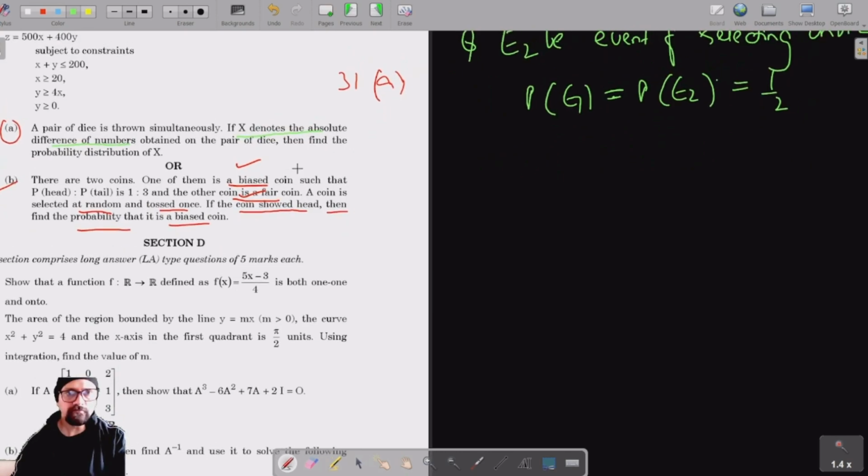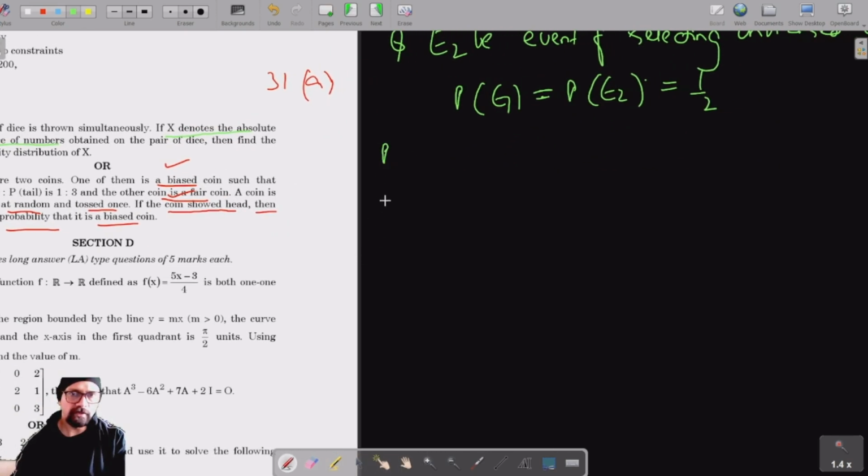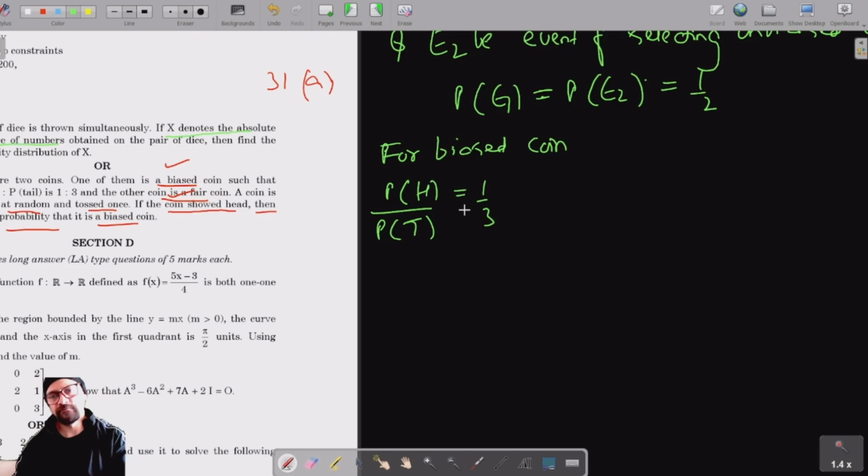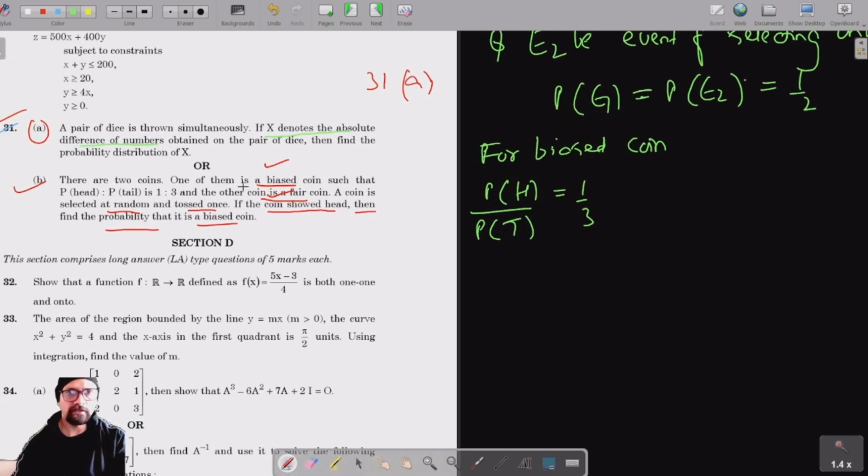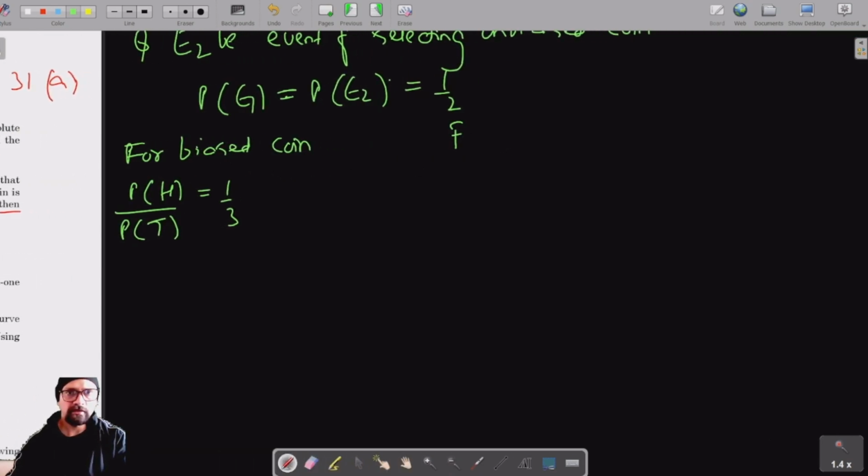Now it's given for the biased coin that the ratio of probability of head to probability of tail is 1 is to 3. And for the unbiased coin, we all know that the probability of head or probability of tail is 1 by 2.